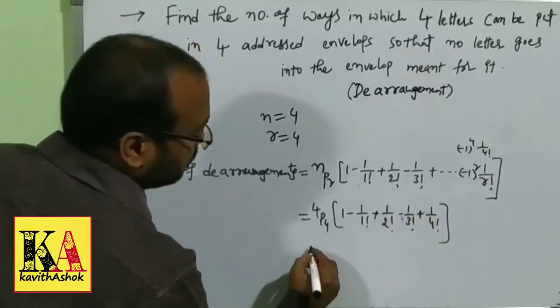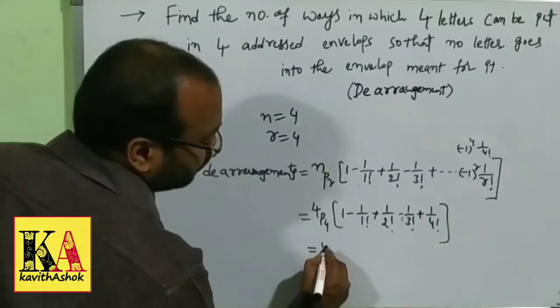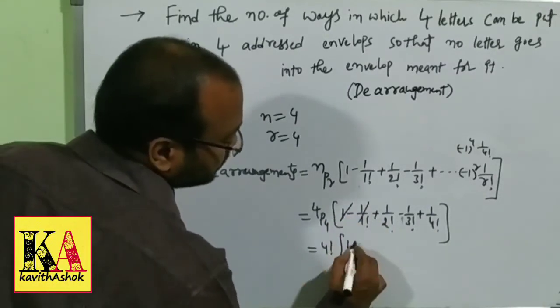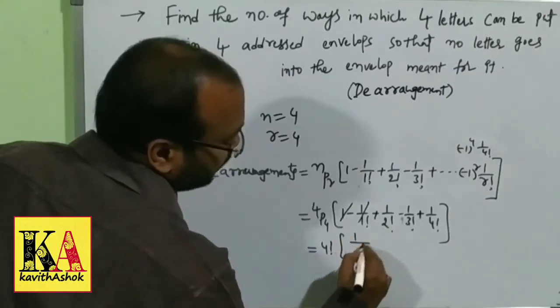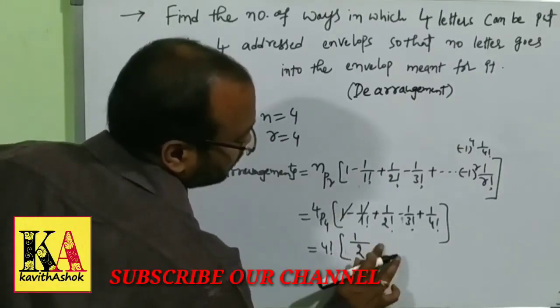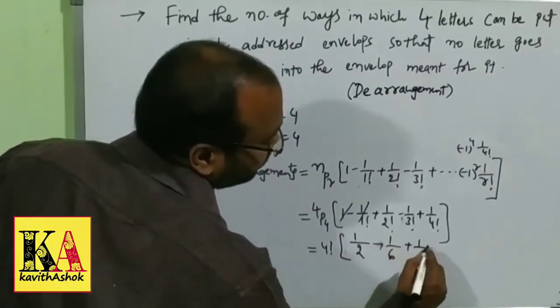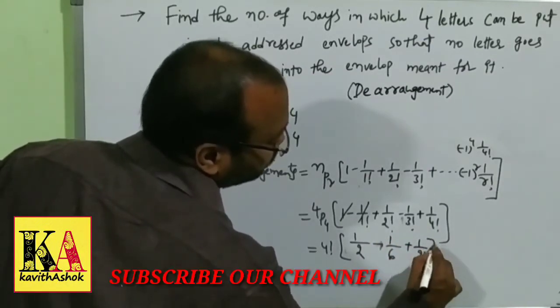Now 4P4 means 4 factorial. 1 factorial gets cancelled. 1 by 2 factorial is nothing but 1 by 2, minus 1 by 3 factorial is nothing but 1 by 6, 1 by 4 factorial is nothing but 1 by 24.